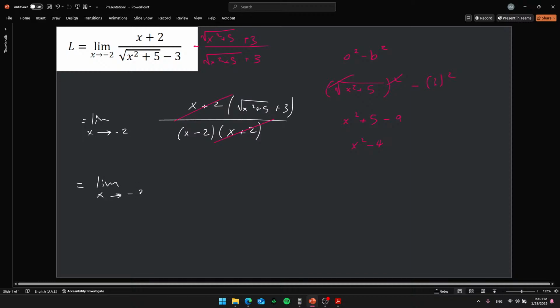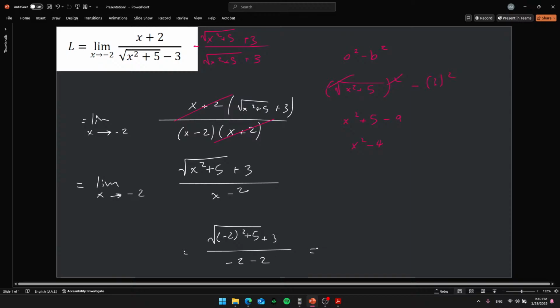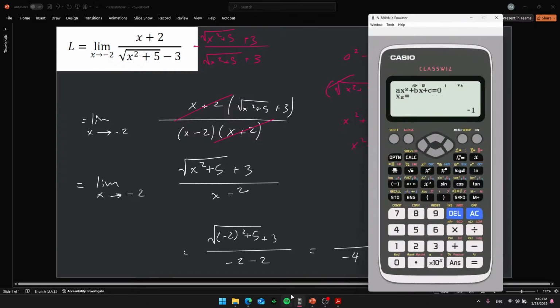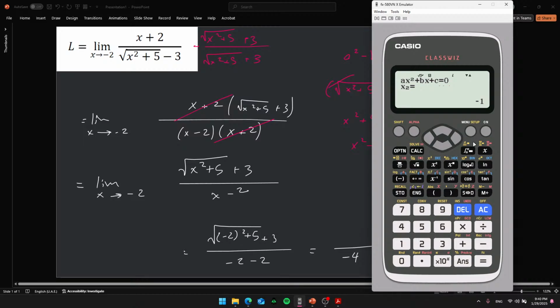Now you should be able to plug in the negative 2 with no issues. Negative 2 squared plus 5 plus 3, negative 2, negative 4.